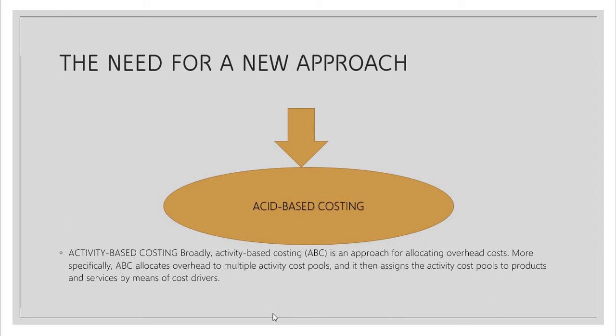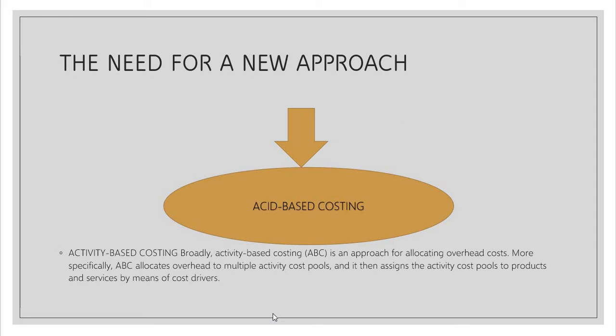Okay? So the reasoning behind ABC or the activity-based costing allocation is simple. Products consumed activity, and activities consumed resources. So, yun yung definition of ABC, at least alam natin how ABC works. Okay? So, ABC allocates overhead in a two-stage process.